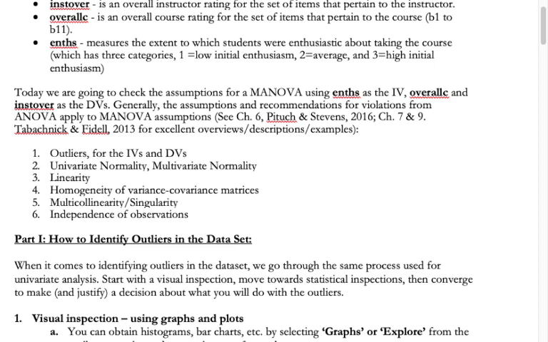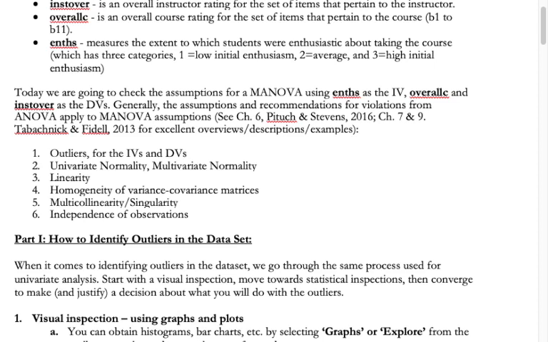So as always, we want to look for outliers, both for the independent variable and the dependent variables. We want to look at univariate normality, but we also now want to look at multivariate normality. And that's because there's multiple dependent variables, and so, as always, things get more complex.